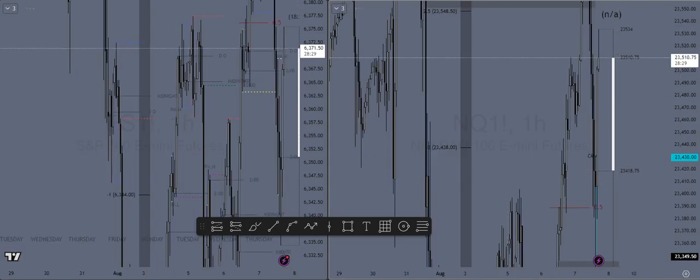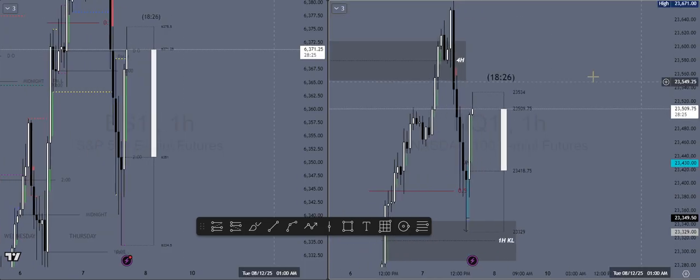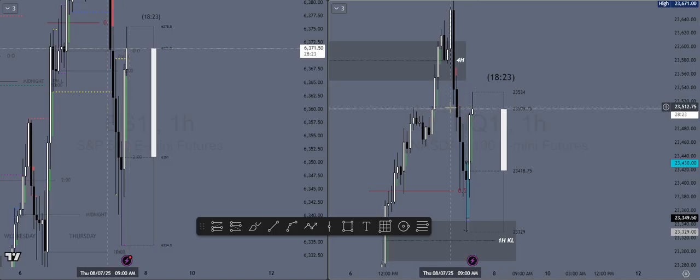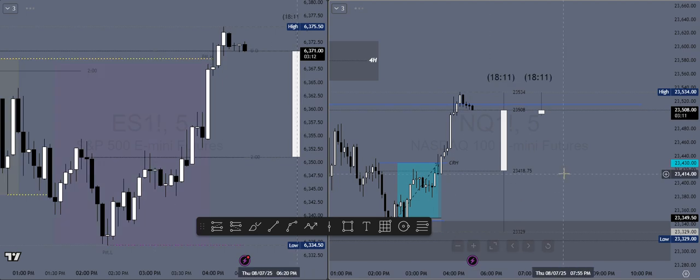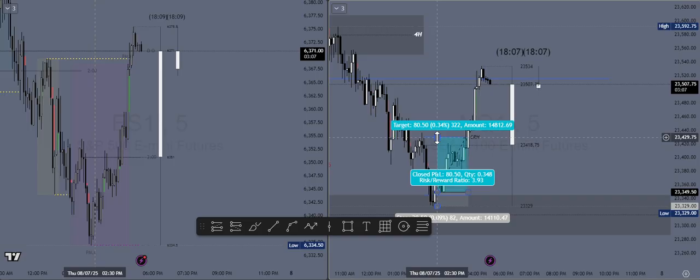So going back to what I said earlier, we did have our 1 minute PD arrays right up here. So this could have also been your overall draw on liquidity. So let's say I just wanted to simply mark out this BPR. Would have gone the 5 minutes. Would have had partials for this using our exact rules, but this is a 1 to 4, guys.